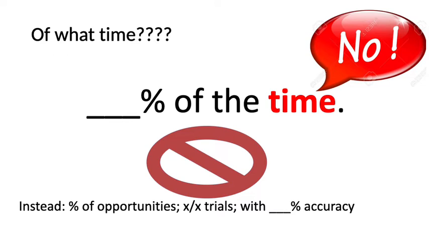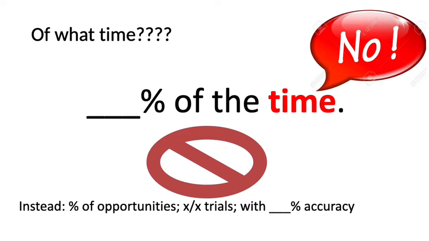You have to remember, don't say percentage of the time. Of what time? The word time is really vague. So when you describe your criteria, please do not use the word time.